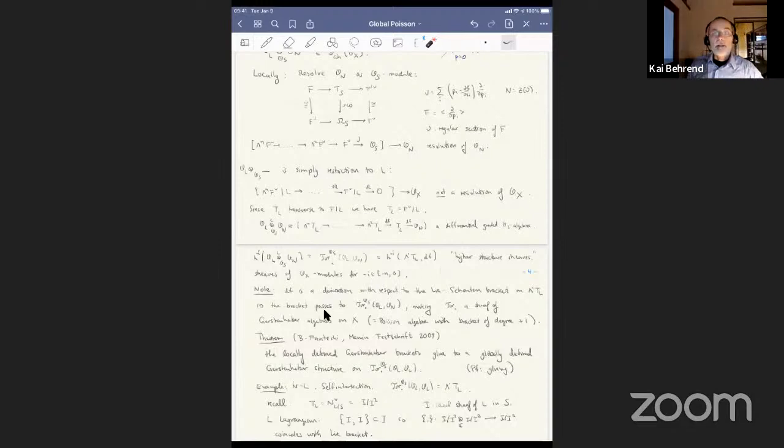So the bracket passes to the cohomology, and this makes the graded algebra Tor a sheaf of Gerstenhaber algebras on X. That's like a Poisson algebra, but the bracket has degree +1. Because TL is in degree -1, a bracket from TL with TL back to TL is of degree +1.